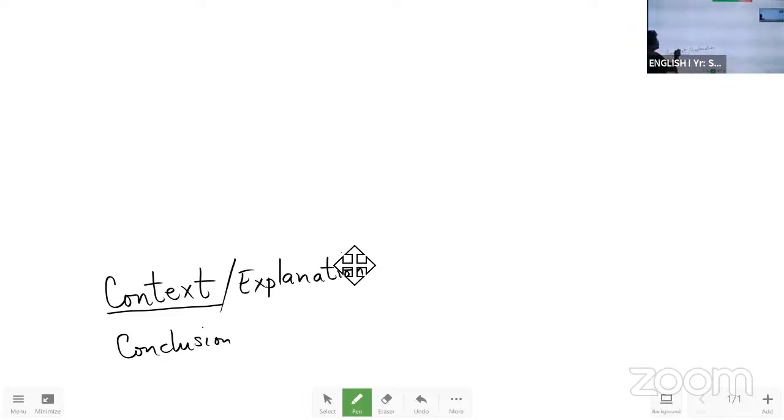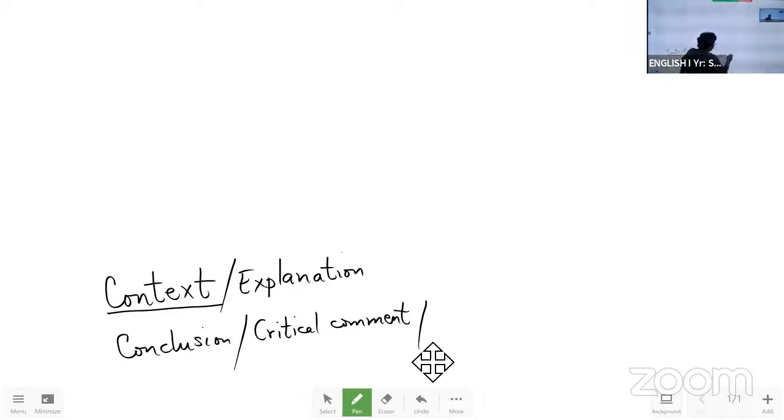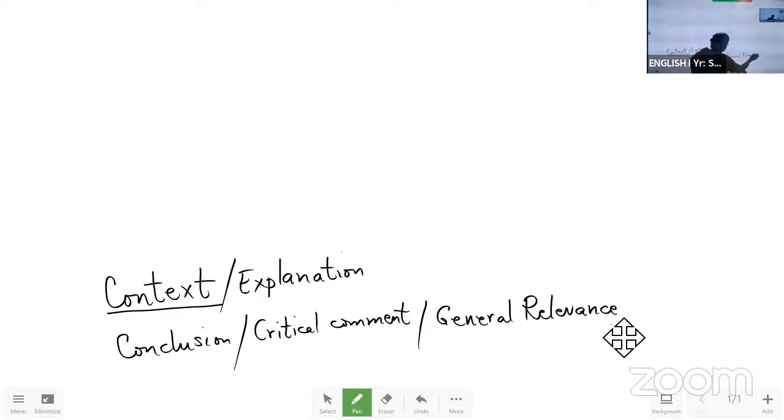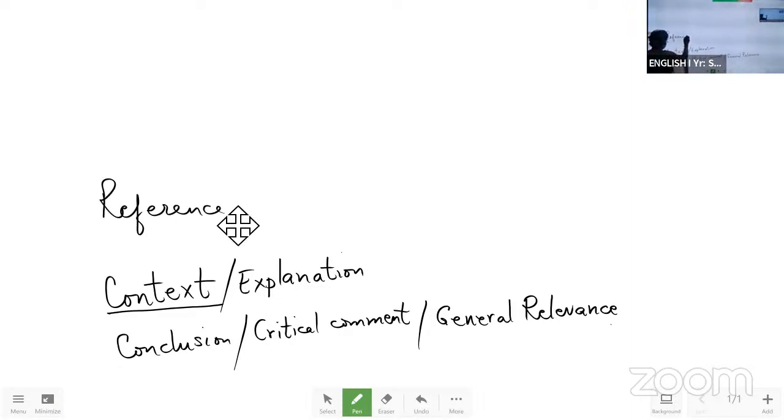So whichever you find easy, write that. Likewise, you can write conclusion, you can write critical comment, or general relevance. All are the same thing. So when you write an annotation, just see that you have 3 subheadings: reference, context, conclusion, or general relevance.